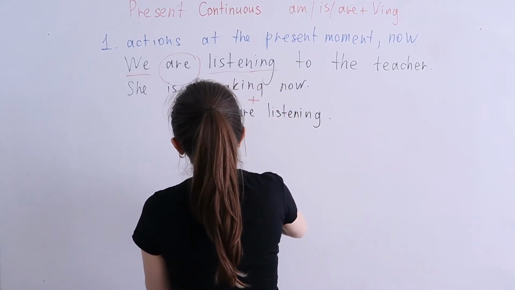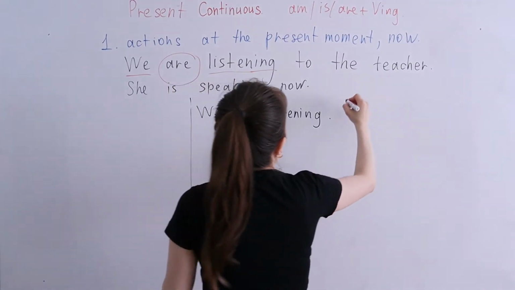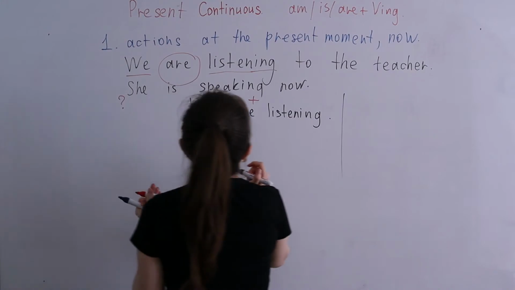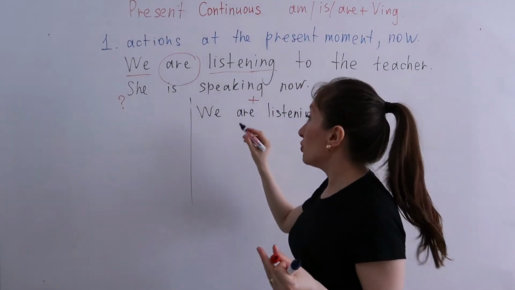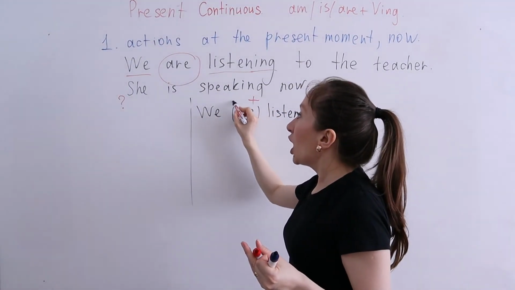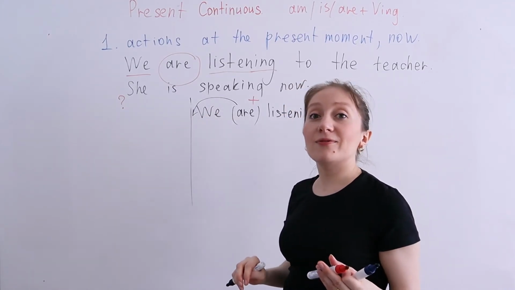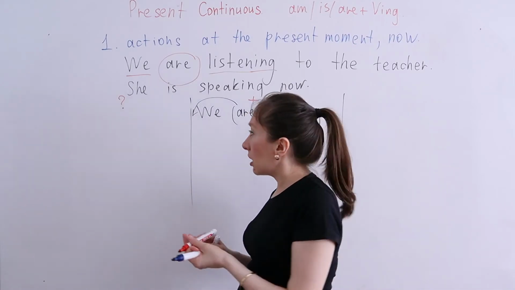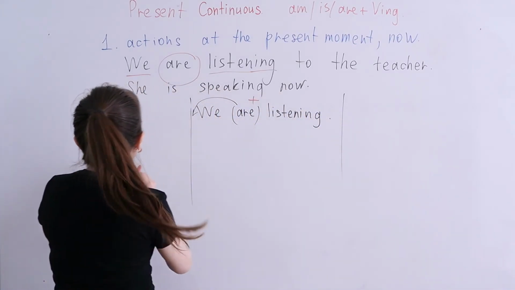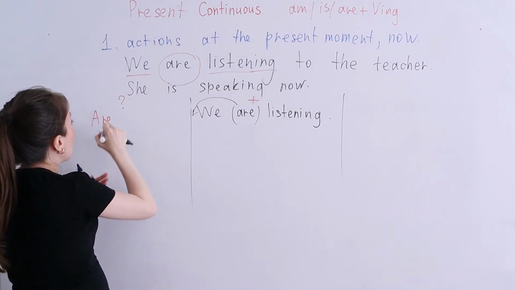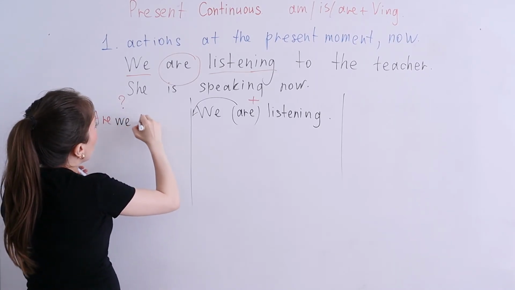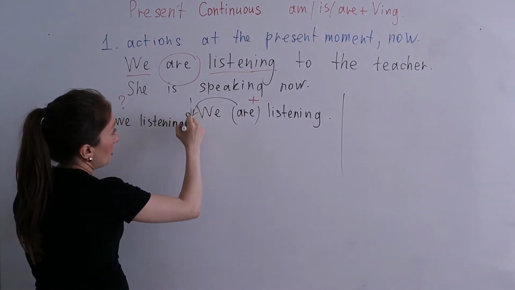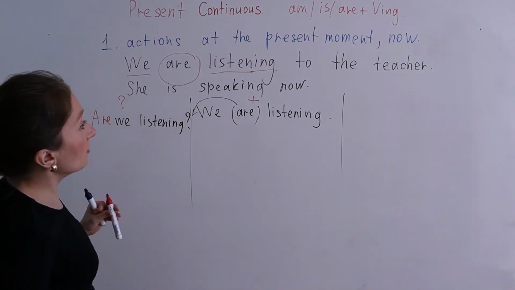Positive 1. So, in the questions, or we call it interrogative, usually when you see the verb to be, right, it always jumps to the front of the sentence. We have, are we listening to the teacher, right? We have, are we listening, and the rest, to the teacher, right?